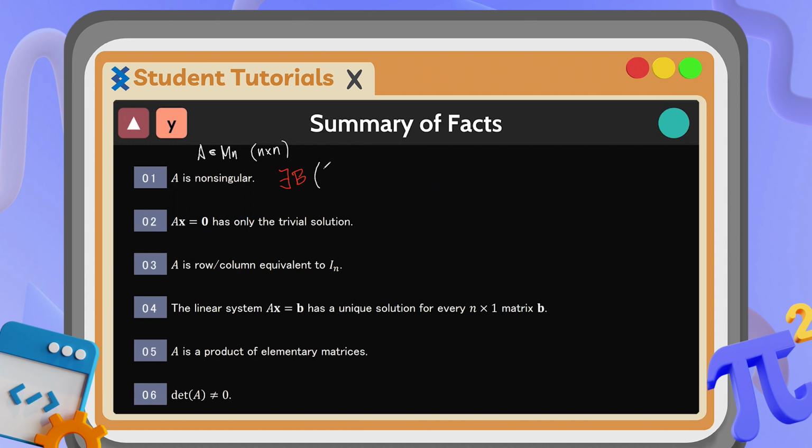when we multiply them, depending on whichever goes first, it gives you the identity matrix. And because of this, we can connect this to the other facts over here.